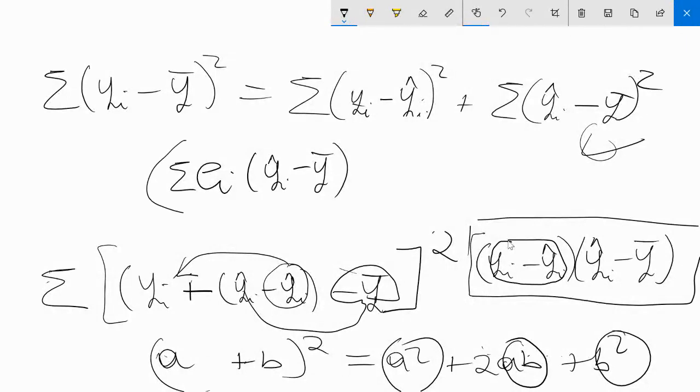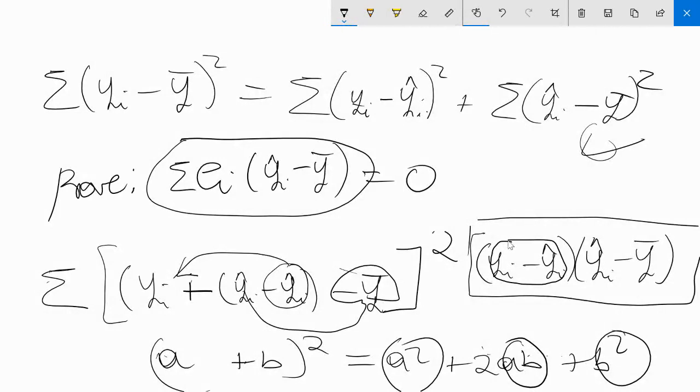So I want you to prove that this is equal to 0. So it's going to be part of the tutorial questions. I'm going to send you the tutorial questions today on Blackboard, and please include this. Prove that this is equal to 0.